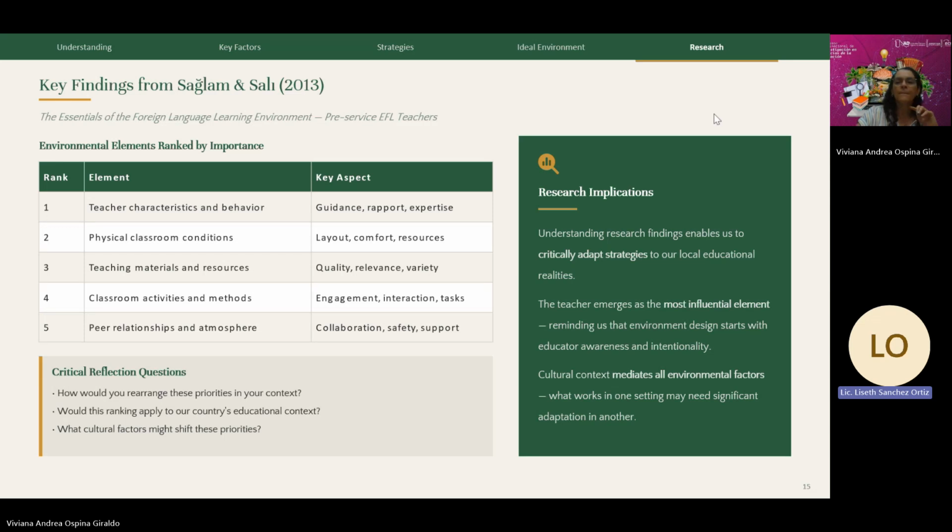Would I keep the same order or change it? In my opinion, I mostly agree with this order, especially placing the teacher as the most important element, because the teacher guides the learning process and creates meaningful connection with the students. However, I would change the order by placing peer relationships and classroom atmosphere in a higher position, maybe third place.